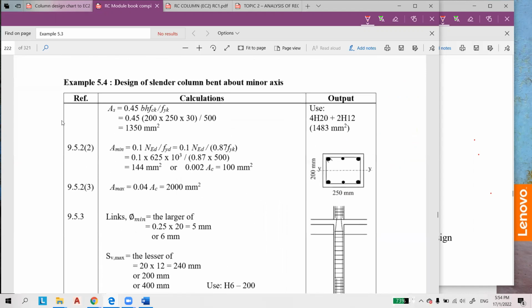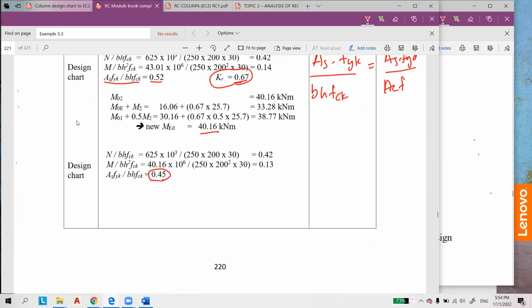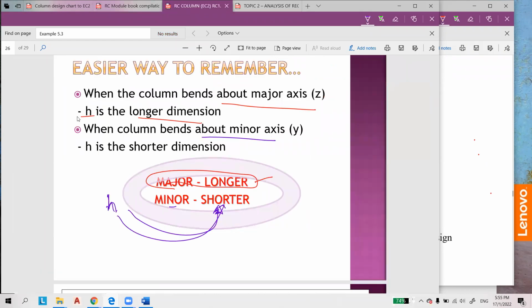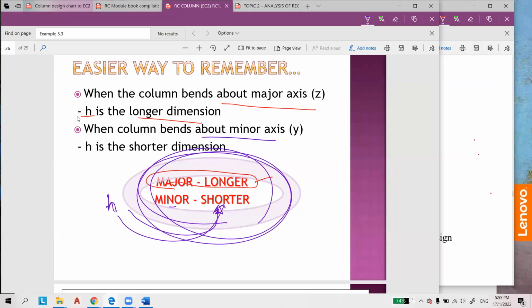Let's just assume that b is equal to 250 and h is 200, then be careful: you see here, h to the power of 2, so it's 200 squared. Be careful of the value of h, this rule of thumb is very, very important.